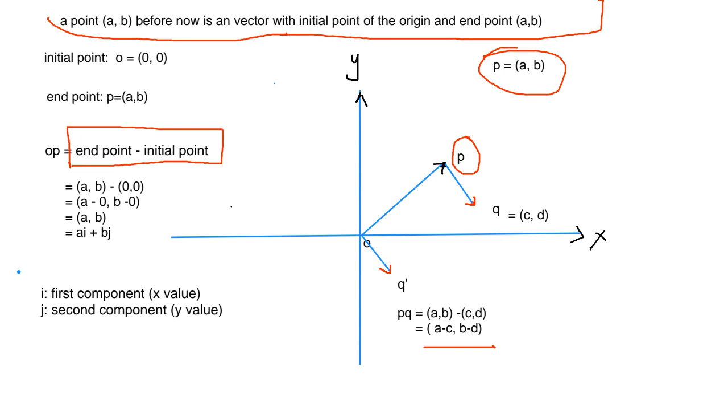So PQ vector and OQ prime vector are exactly the same. We treat them exactly the same. It's a lot easier to talk about OQ prime than PQ, because PQ is in space, hanging there somewhere. And we drag them down on Earth, so it starts from the origin O.